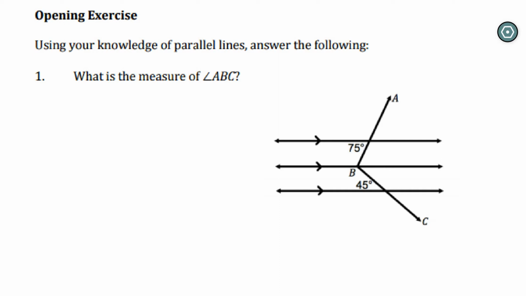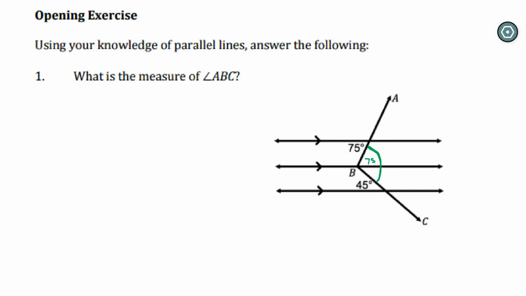So the opening exercise asks us to find the measure of angle ABC. Angle ABC is this entire angle here. Notice there are 3 lines that are all parallel to each other. So if I take a look just at the top 2, I see alternate interior angles, which allows me to say that little angle there is 75.